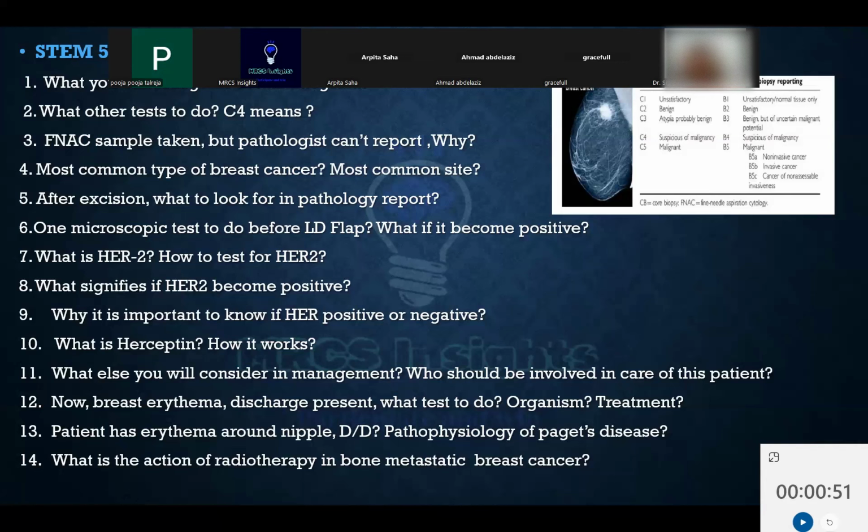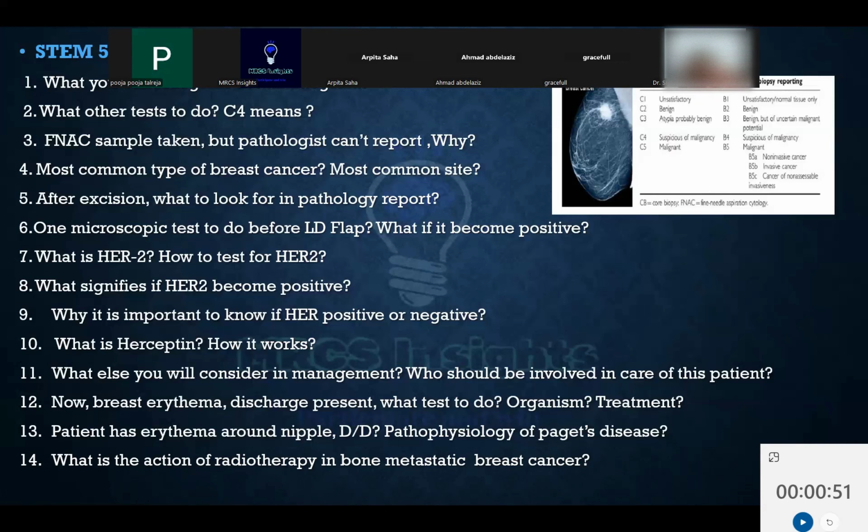I really cannot remember this. No, you have told the answer. Dr. Pooja, continue, no problem. In the basis of ducts there is proliferation of epithelial cells, and these epithelial cells travel through the ducts to the skin, and there they cause irritation. Therefore there is erythema, and there is sepsis.